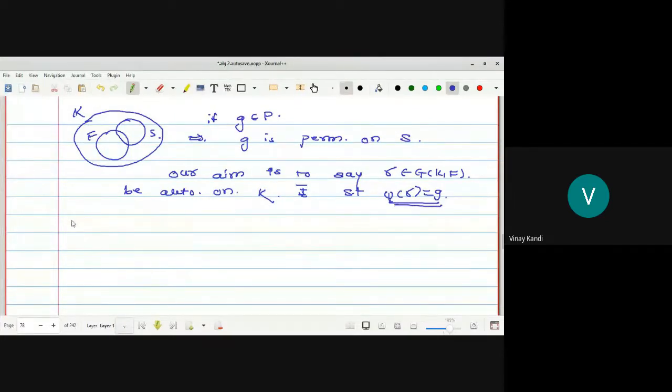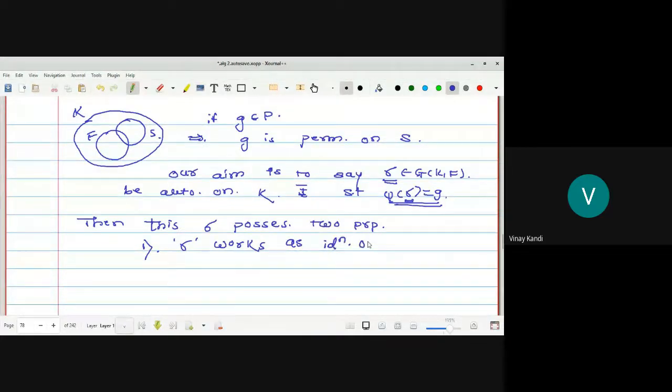Now this sigma belongs to GK. If we have to show that psi of sigma is equal to G, then this sigma possesses two properties. Which ones? First, sigma works as the identity on the field F. Second, sigma works as G on S, that is, this G is equal to sigma on the set S. Is it correct?